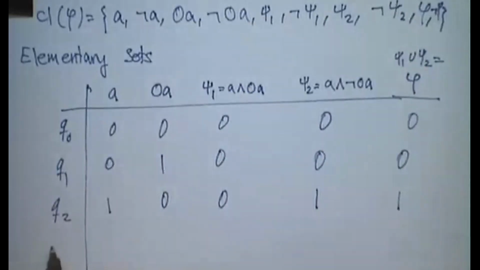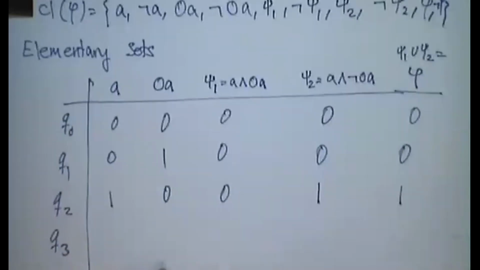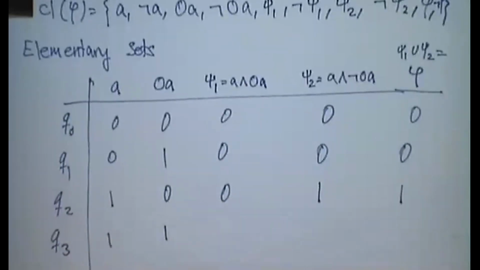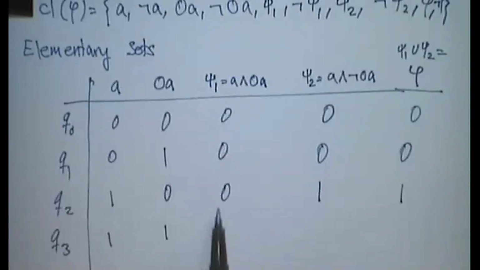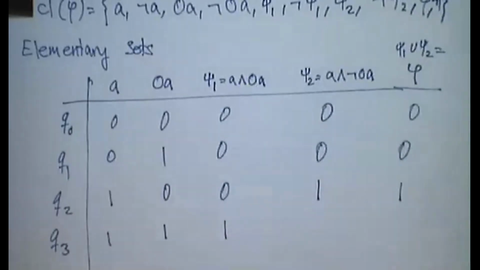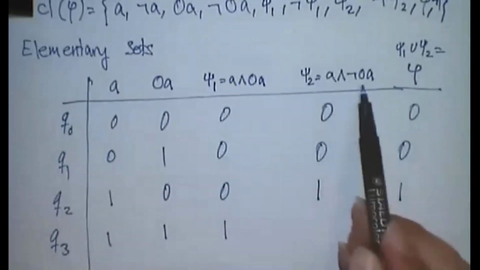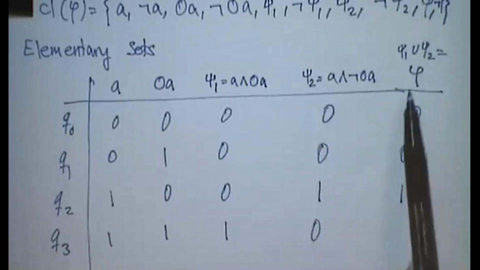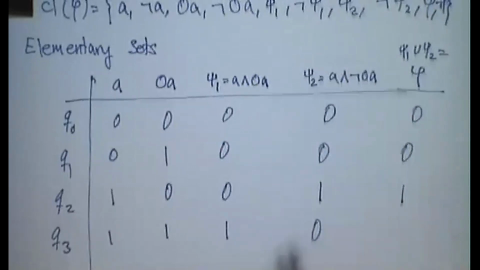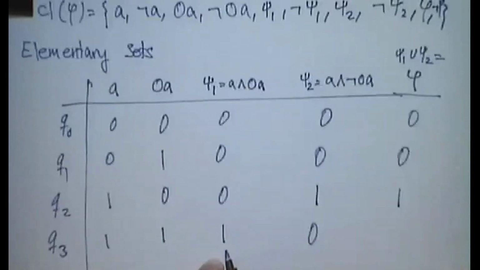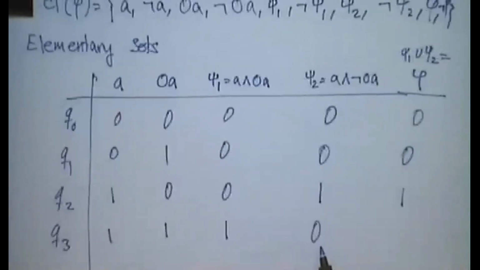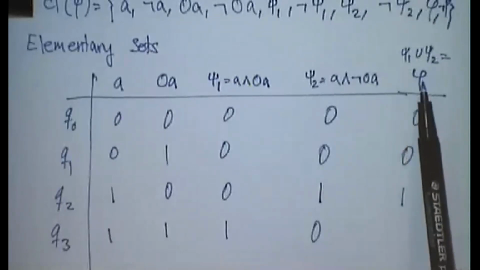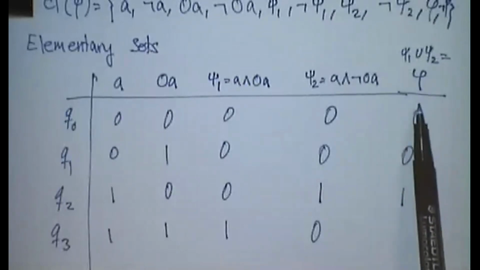Okay, next state. So let's say that now I start with 1, 1. So if I start with 1, 1, I have A and I have next A, so I should have A and next A. Here I don't have not next A, so I can't have this. What happens here? So I have psi1 at the moment, but I don't have psi2. So it's possible that I have psi1 until psi2, and it's also possible that I don't have it.